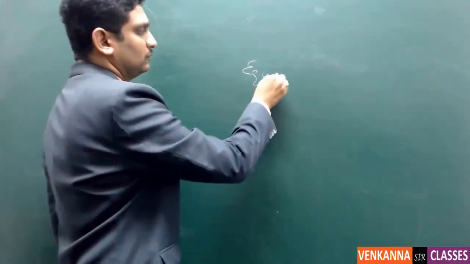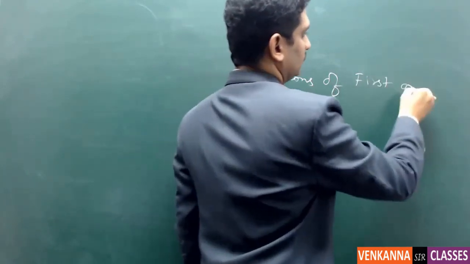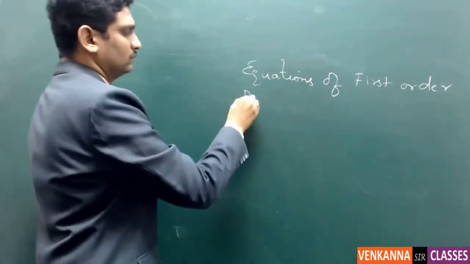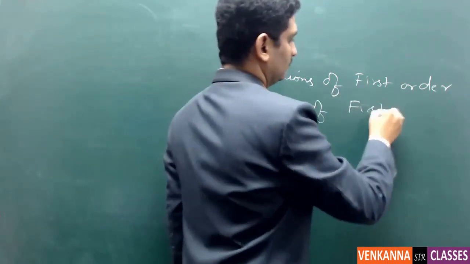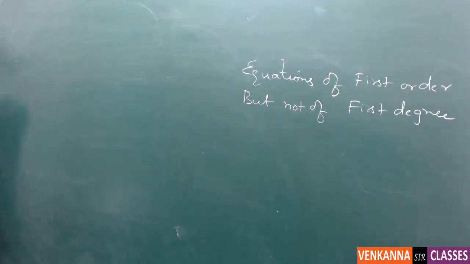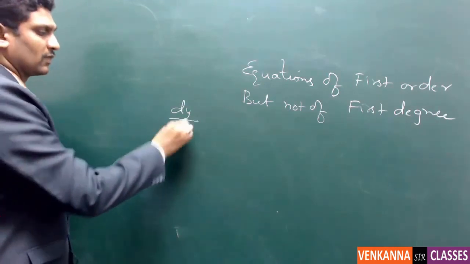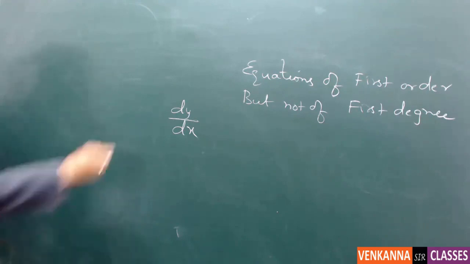So let us start the concept: equations of first order but not of first degree. So far, in whatever problems we have discussed, we simply stuck to dy by dx in the given equation, which has power 1.